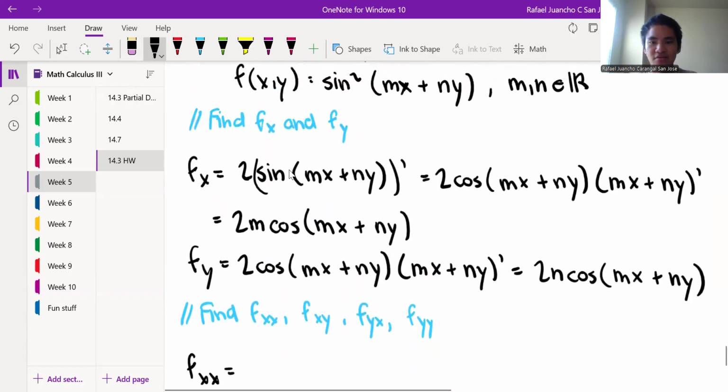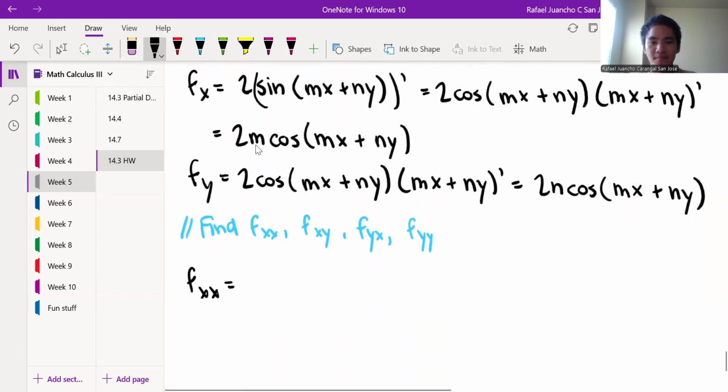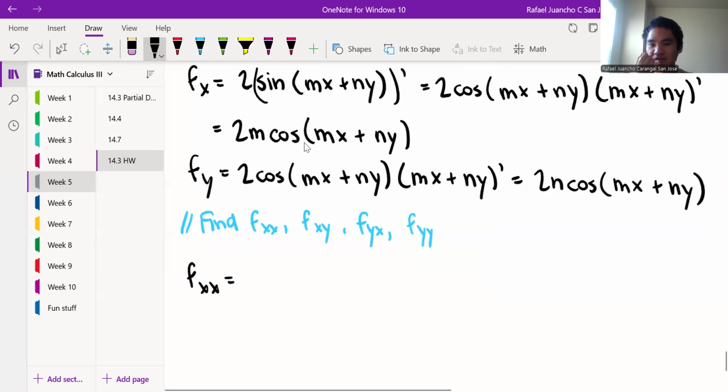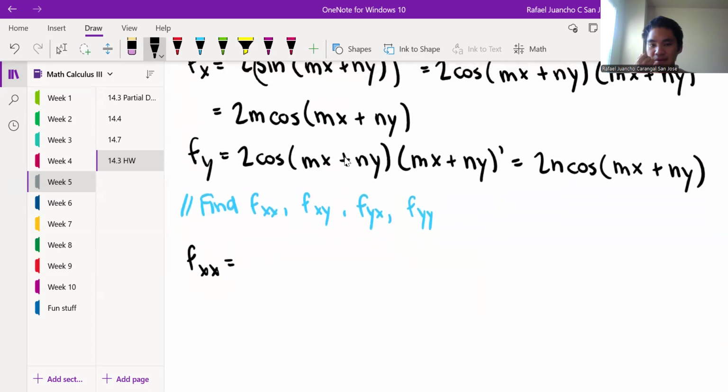So we take the derivative of this thing here, 2m cosine(mx plus ny). Well, I leave my 2m alone because I treat it as a number. My cosine, no, that's different. I take the derivative of that, so I get the negative sign.